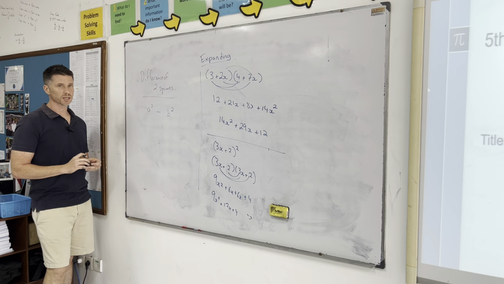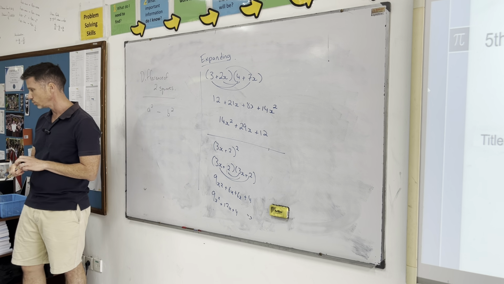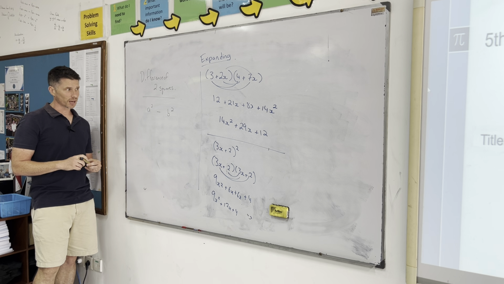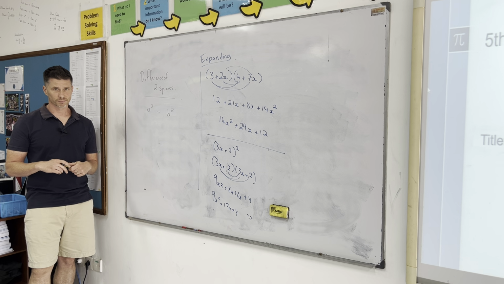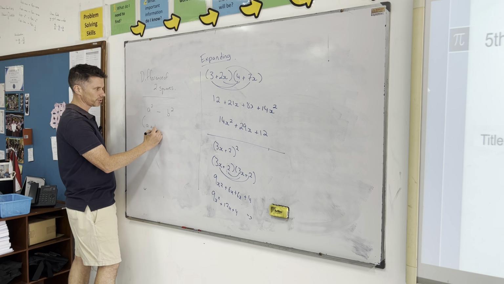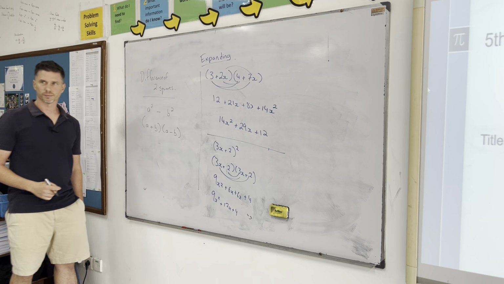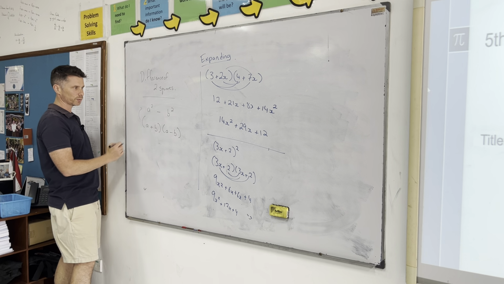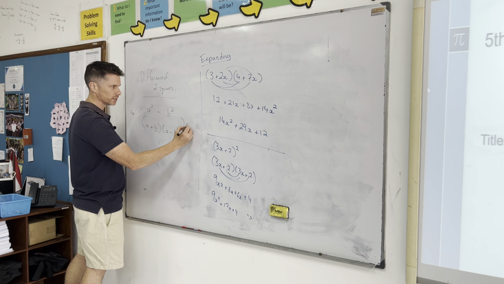A squared minus b squared. When we see something like that, that's called the difference of two squares. How does that factorize? It factorizes like this: a plus b, a minus b. That's the classic difference of two squares. It's expanded this way, and it factorizes this way.